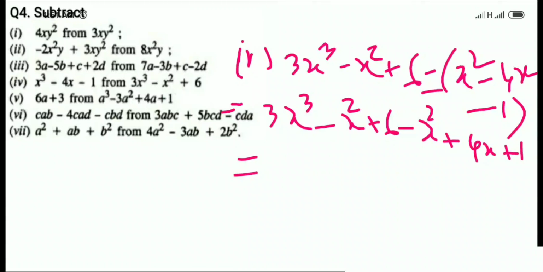If we see if there is any x cube in the equations, this is x cube. Therefore, 3x cube minus x cube is equal to 2x cube.